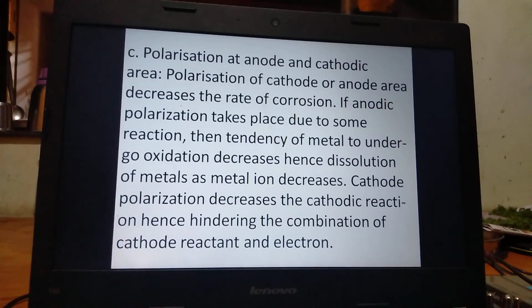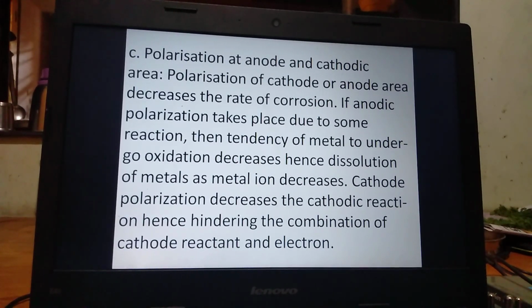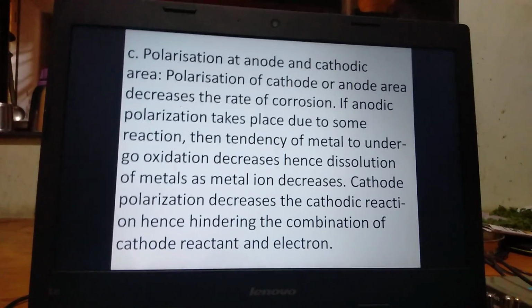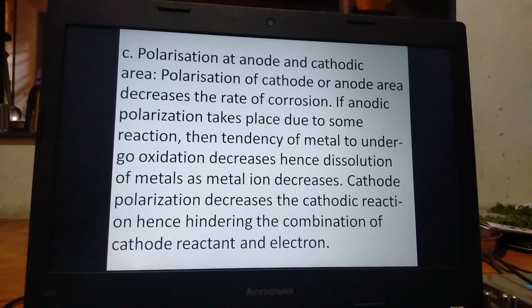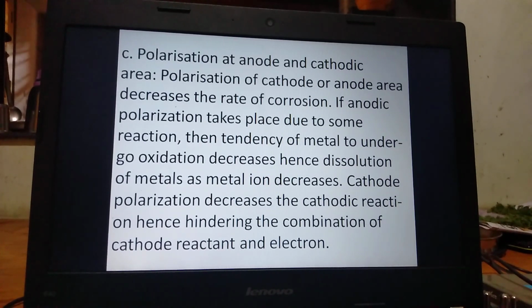Factor number 3 is the polarization at anodic and cathodic areas. Polarization is the departure of electrode potential from its equilibrium value, that is, from the open circuit potential, causing a decrease in the current density.